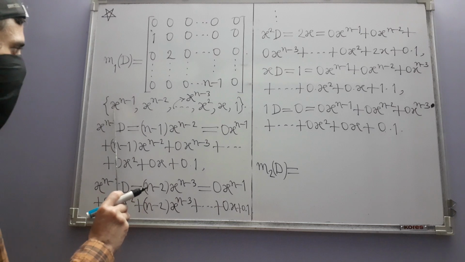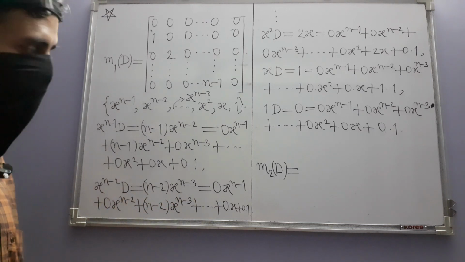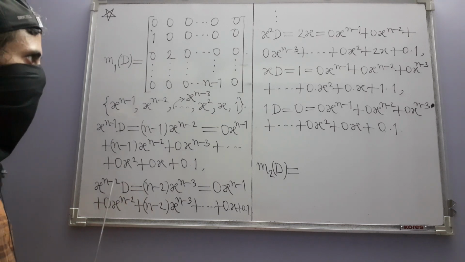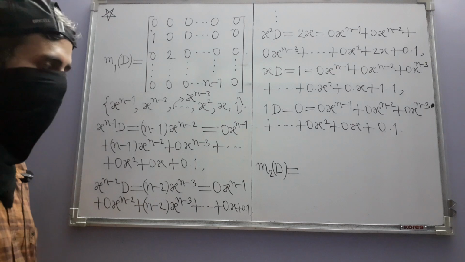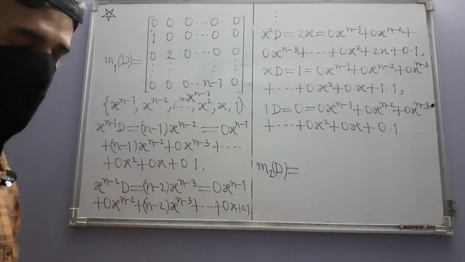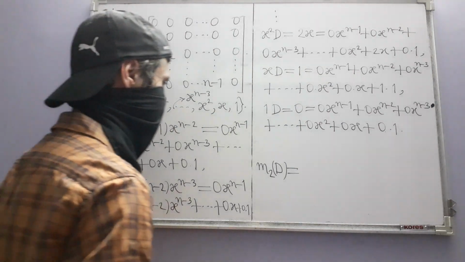So there will be 1, 2, 3, 4, 5, 6 columns. And how many rows? 1, 2, 3, 4, 5, along with the intermediate row consisting of those dots. 6 rows and 6 columns.